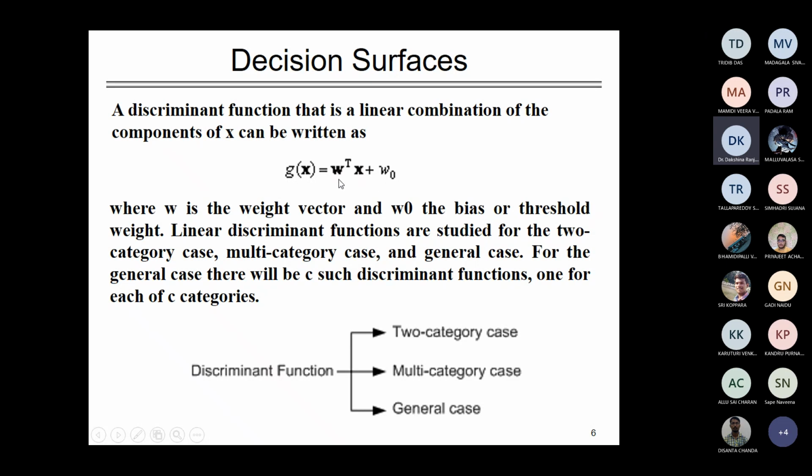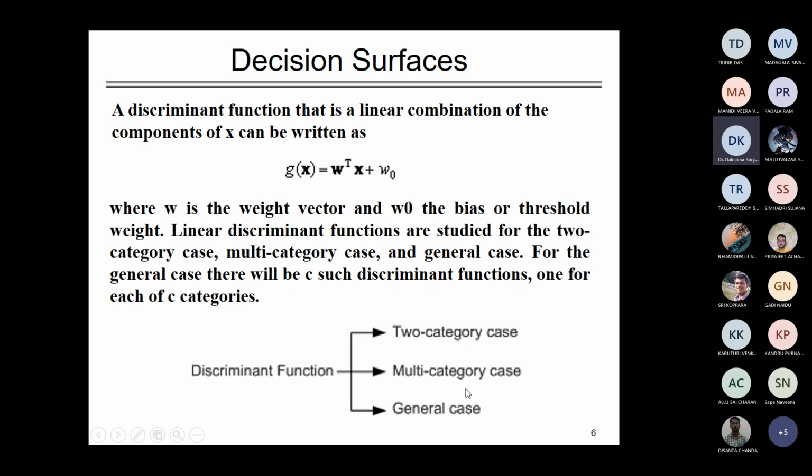So g(x) is the discriminant function, given by w transpose x plus w0, where w is the weight vector, w0 is the bias or threshold weight, and x is the feature vector. Now these linear discriminant functions are studied for two categories. We can study the linear discriminant function for two-category, multi-category and general cases. In the two-category case there will be two different classes, and in the multi-category case there will be more than two classes.